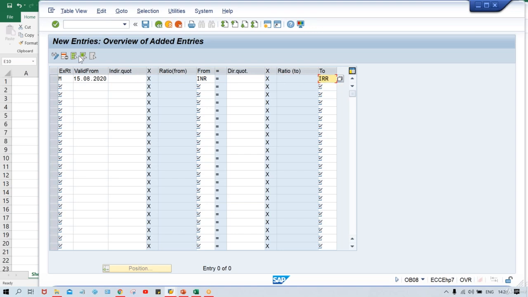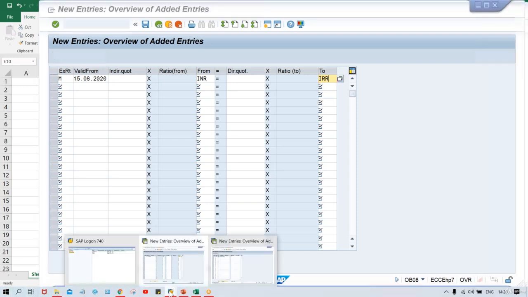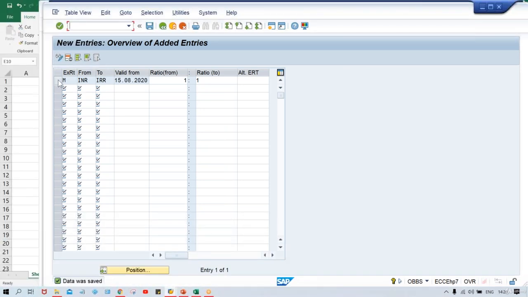Right? Can we specify in this way, guys? No, not in this way. Wait, I maintain the rate here, so not here like this.